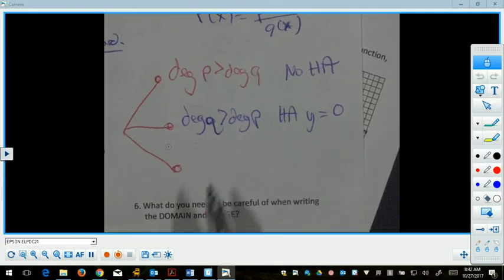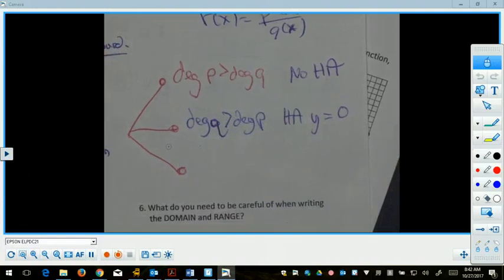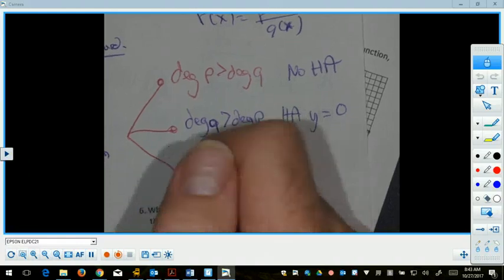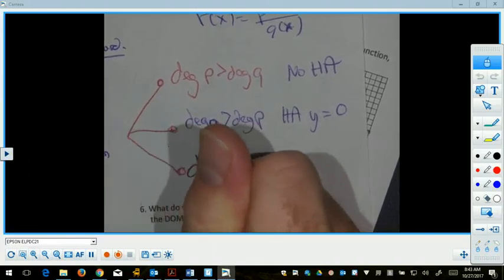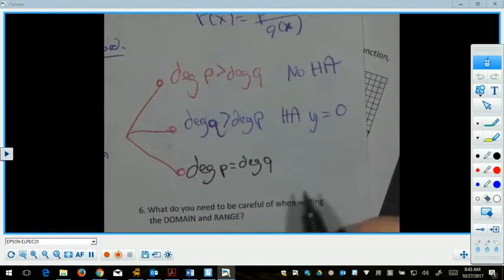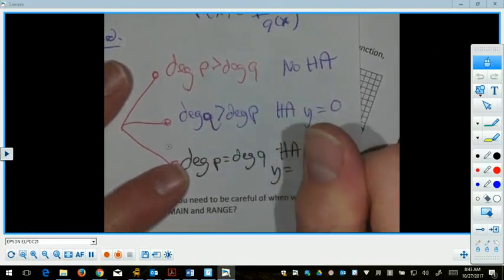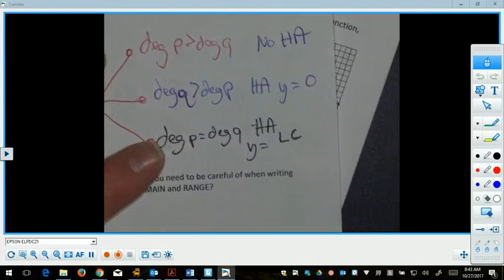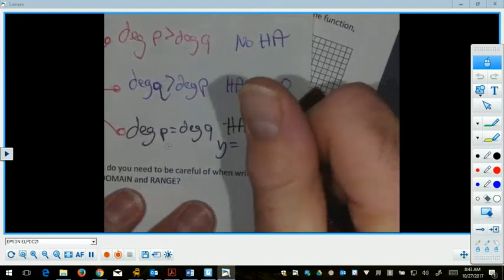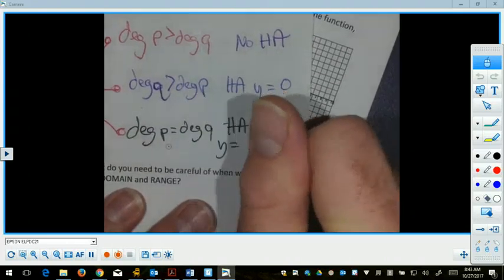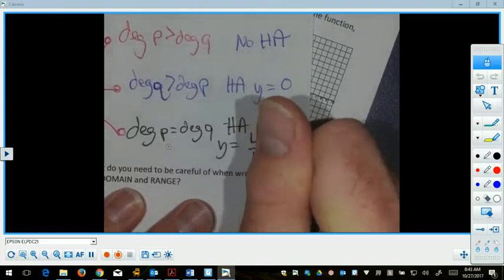And if the degree of P of x equals the degree of Q of x, then the horizontal asymptote is y equals the lead coefficient, that's what I use for L, that's what LC means, lead coefficient of P over the lead coefficient of Q.